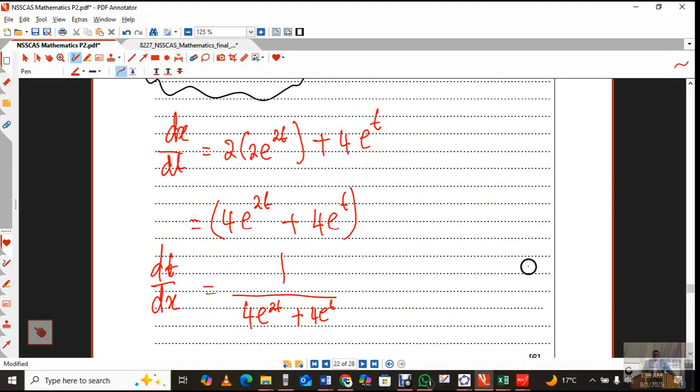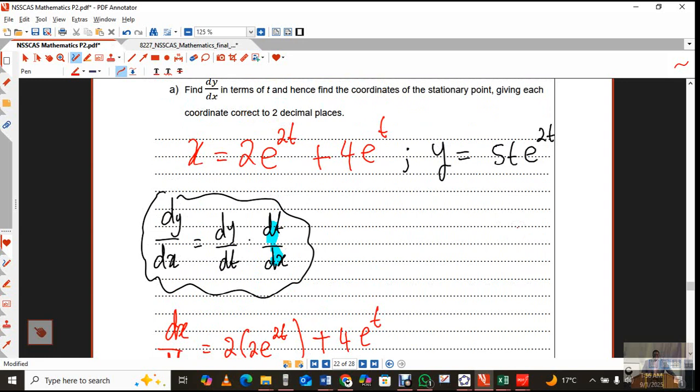Now let's go and do the other one, dy/dt. Now when you have what you have over here, you have a product rule, because you have 5 times, keep the first times the derivative of the second, which is 2e to the 2t, plus keep the second, which is e to the 2t, times the derivative of t, which is just 1. Let's just clean it up.